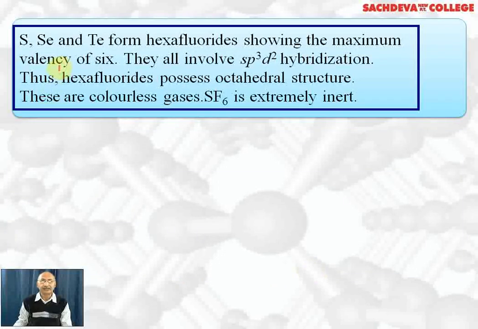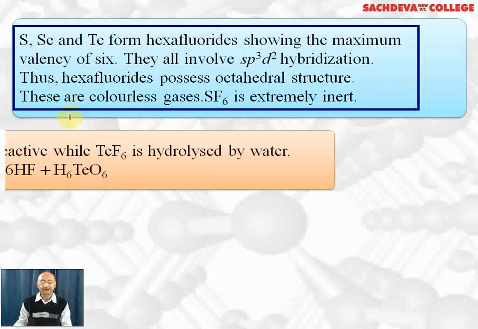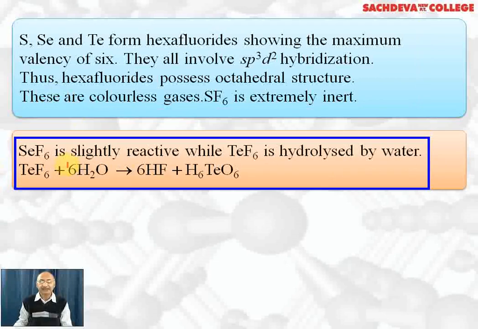Sulfur, selenium and tellurium form hexafluorides showing the maximum valency of 6. They all have sp3d2 hybridization, and hexafluorides possess octahedral structure, but these are colorless gases, and SF6 is extremely inert due to steric reasons. SeF6 is slightly reactive, whereas tellurium hexafluoride is hydrolyzed by water.